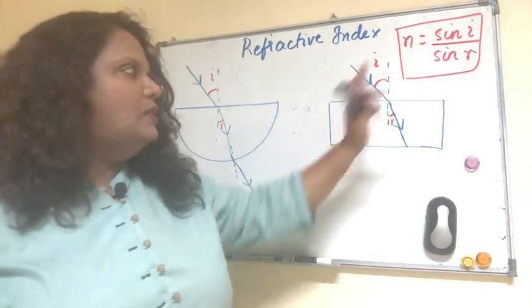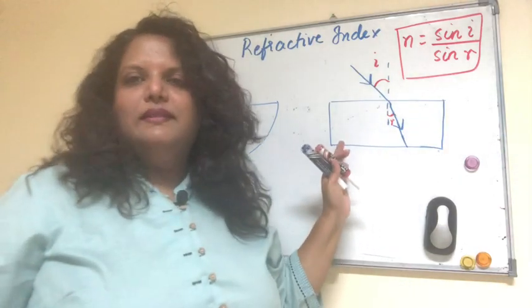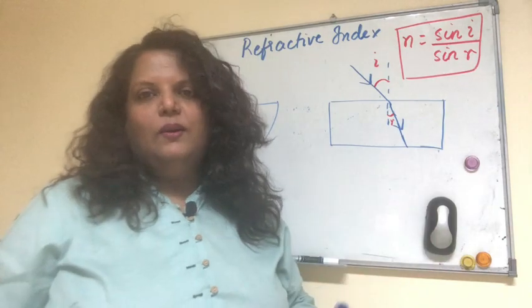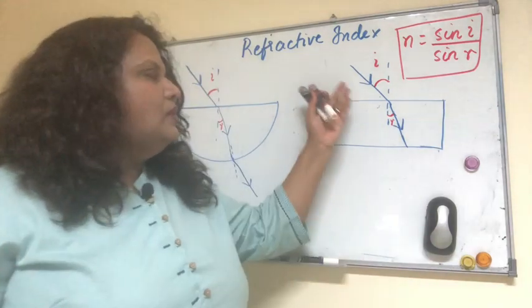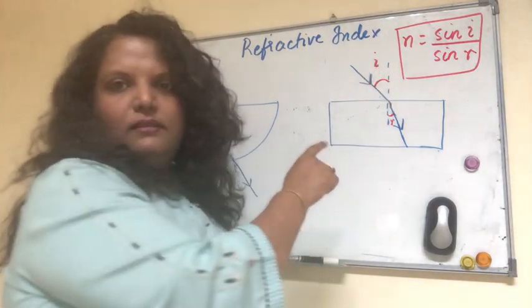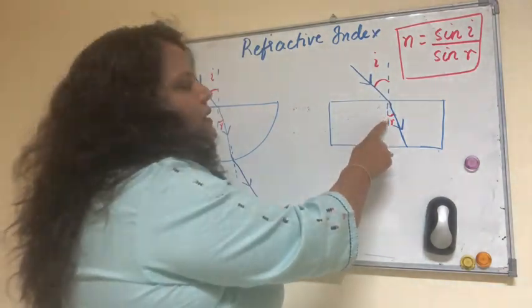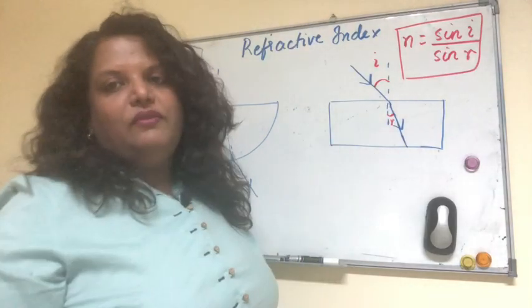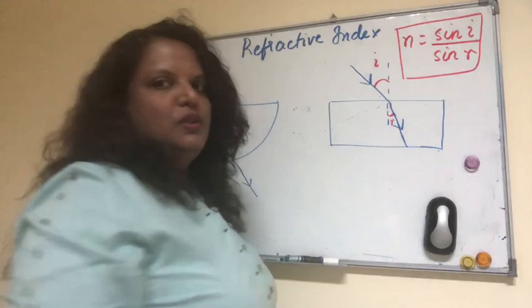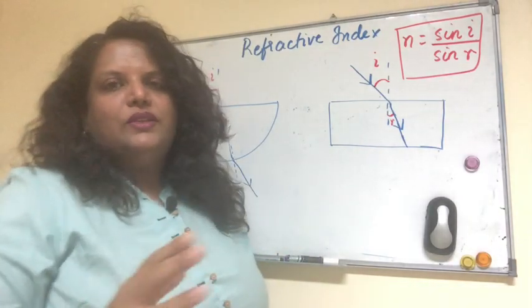When you start to learn, this would be the picture you commonly come across in textbooks or in your notes. Your teacher would have taught that the angle between the normal and the incident ray is the angle of incidence, and the angle between the normal and the refracted ray is the angle of refraction, and that's what you substitute here. It's a straightforward substitution.